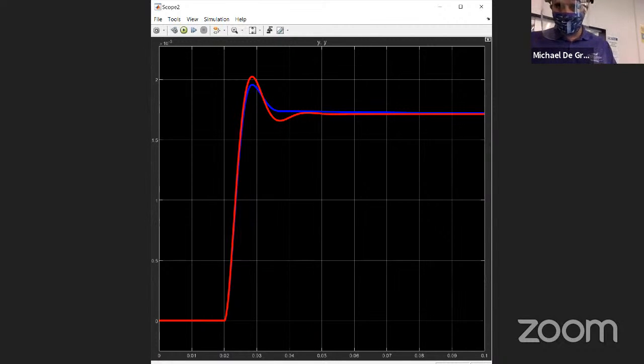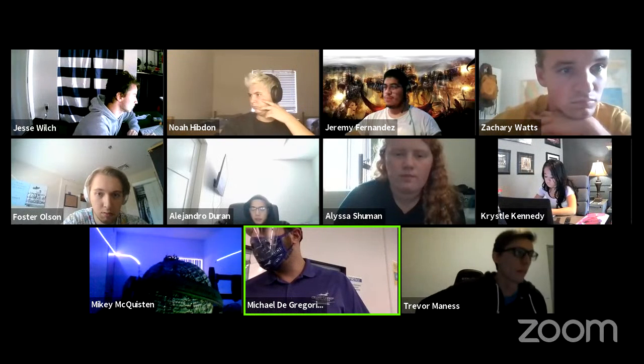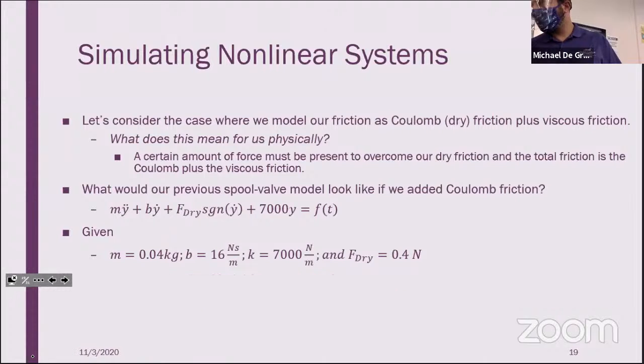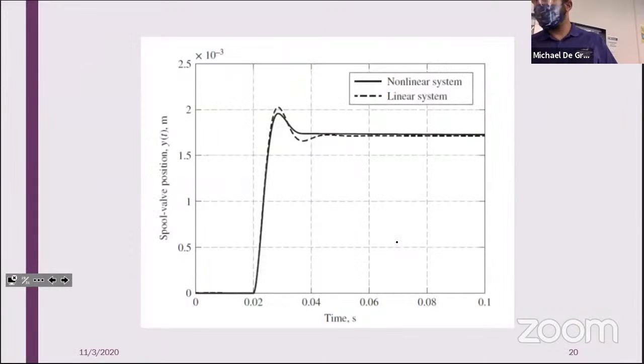So, okay, let's look at a better picture of this. I have a better one over here. Here it is, right? The black line, or the solid line, is the nonlinear, and the dashed line is the linear system.